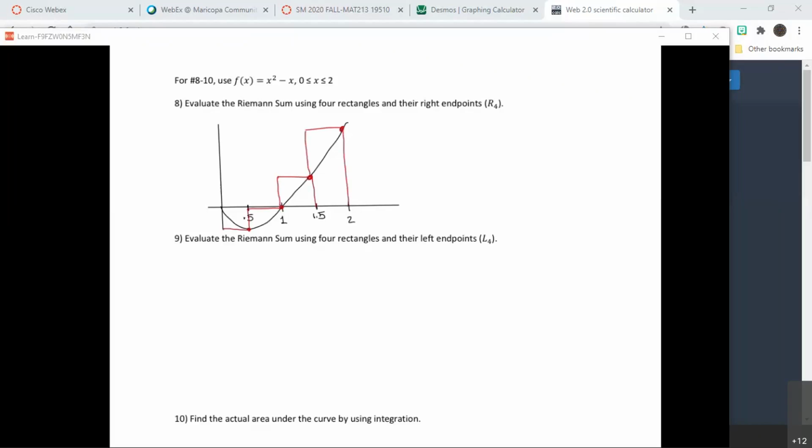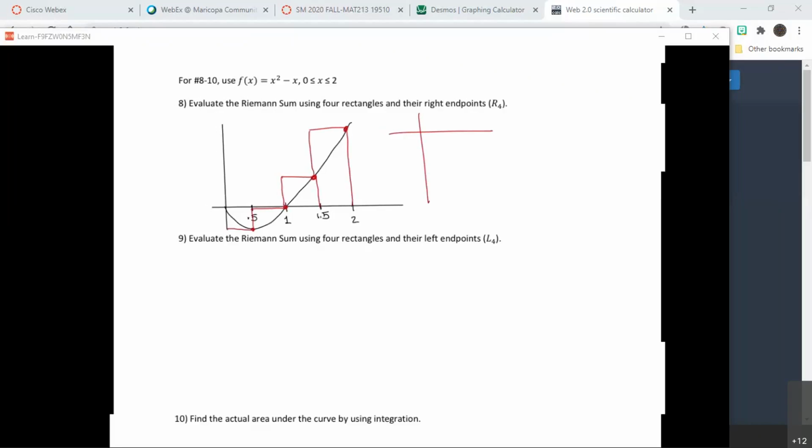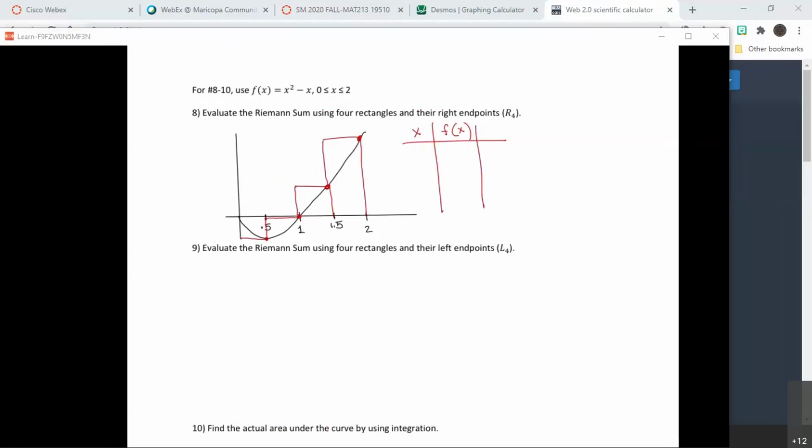Then to evaluate the sum, just do something like this. Here are your x values, your f of x values, and then the area. My x values for the right endpoint rectangles are 0.5, then 1, then 1.5, and 2.